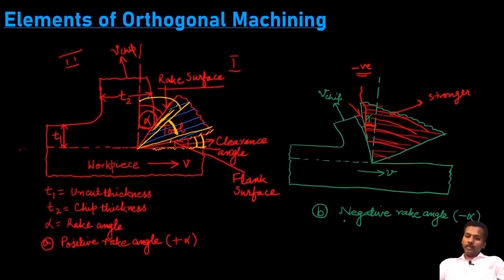Normally the negative and zero rake angles are provided if we are machining a harder or brittle material with much harder tools, like carbide tools. And the positive rake is imparted if you are machining a softer grade material with high speed steel tools.